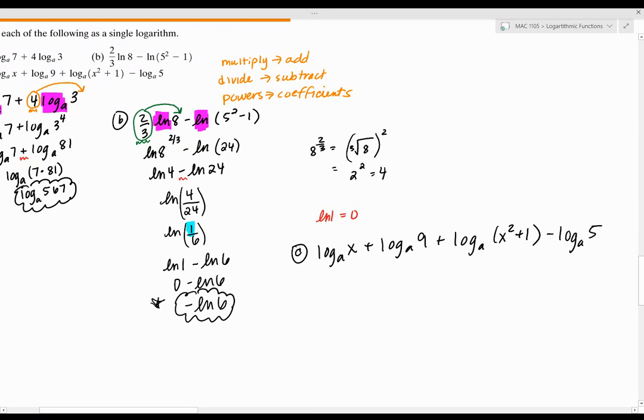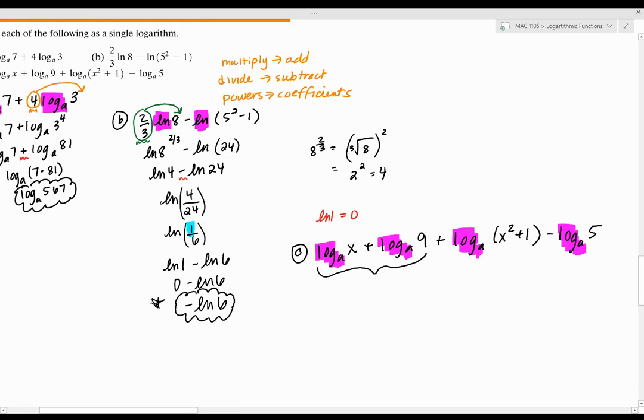Our goal is still to write it as a single log, and we always want to move from left to right. So I'm going to condense 2 logs at a time. So I'm going to look at these first 2. The first thing I need to check is that I have the same log with the same base. So I have log base A, all of these are log base A. So we're good, our rules will apply.